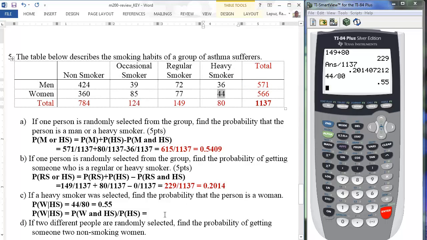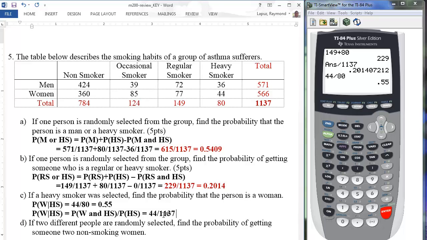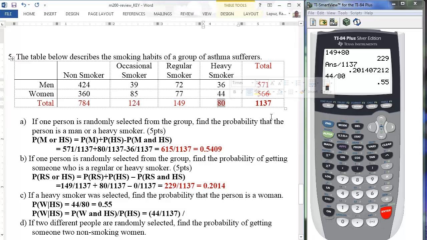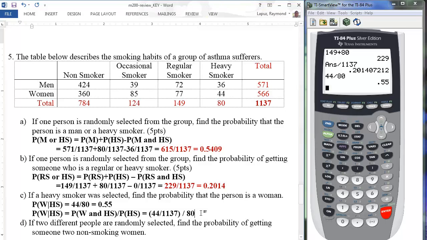This would be 44 out of 1137, and then we want to divide out. Let's put parentheses here just to be absolutely clear. And then we divide by the probability that we get a heavy smoker out of our group, so that would be 80 divided by 1137, again with parentheses around it.